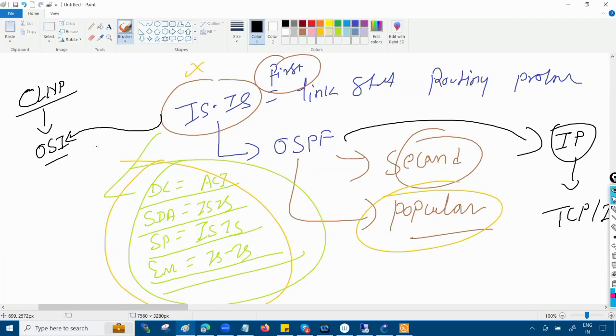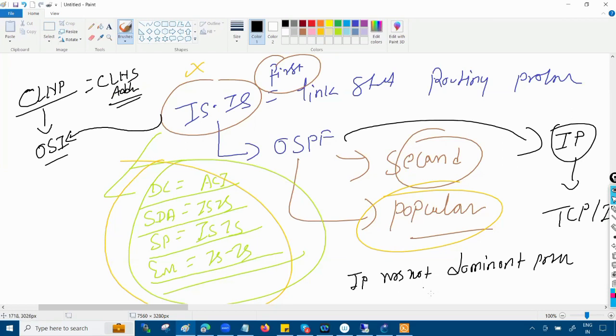At that time, in the 90s, 80s, IP was not a dominant protocol.